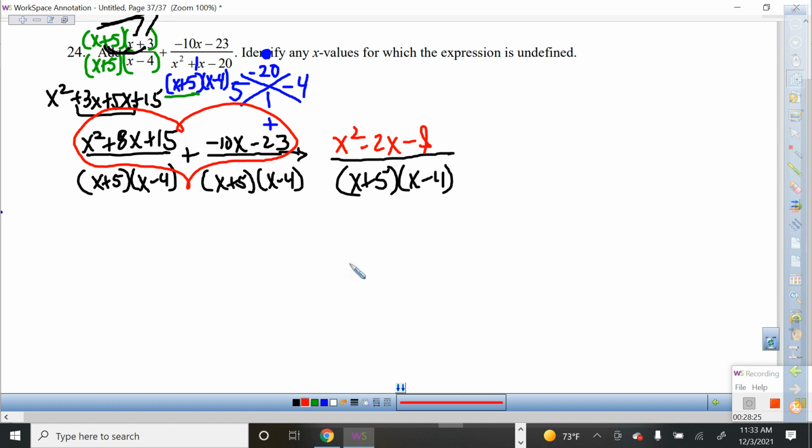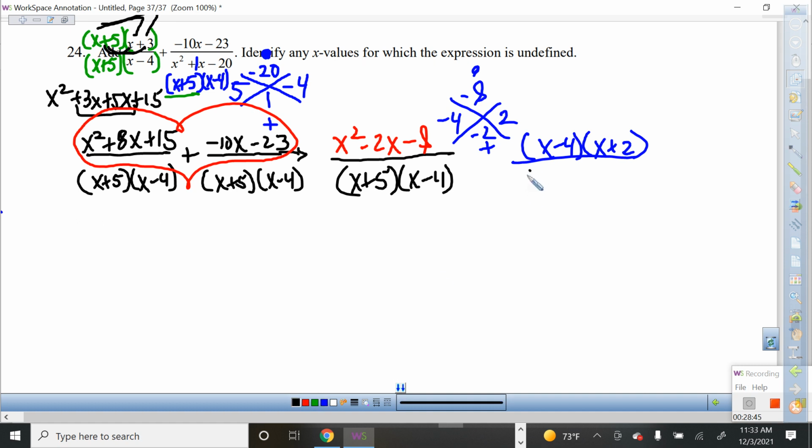So far so good, yeah? Next, factor the numerator. Factors are x minus 4, x plus 2. The denominator, we got x plus 5, x minus 4.